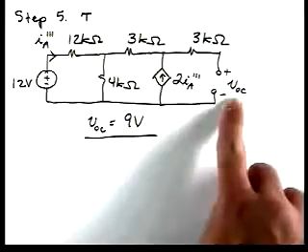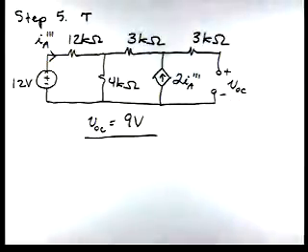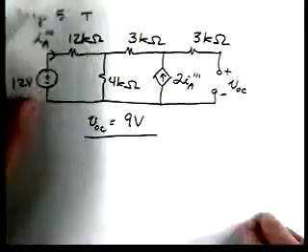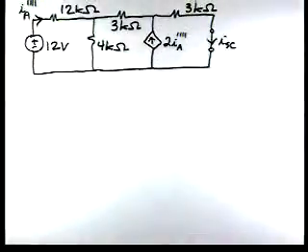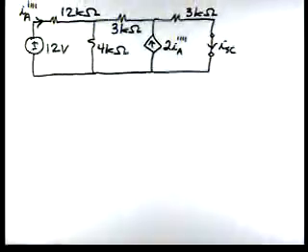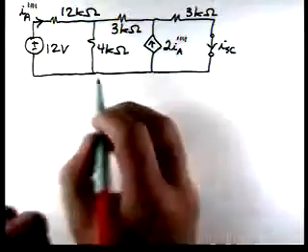So we've already calculated the open circuit voltage. Now we need to calculate the short circuit current. So here's our circuit for calculating the short circuit current, and again we've been using nodal analysis.